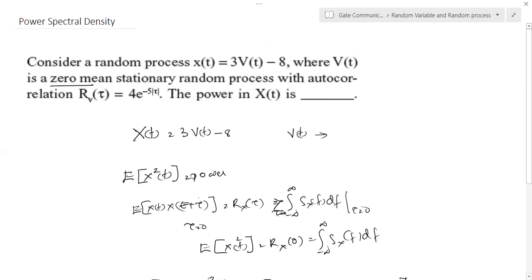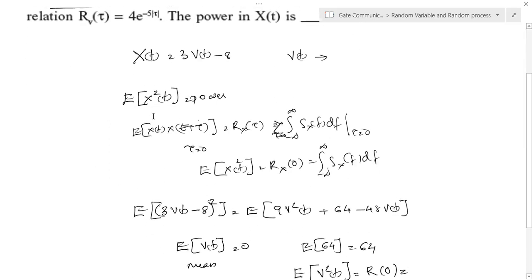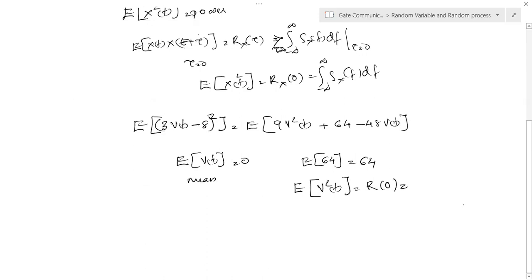Here the expectation of v square of t we can find out by substituting tau is equal to 0 in this particular equation. So we will get 4 e raised to minus 5 into 0. So it's simply 4.